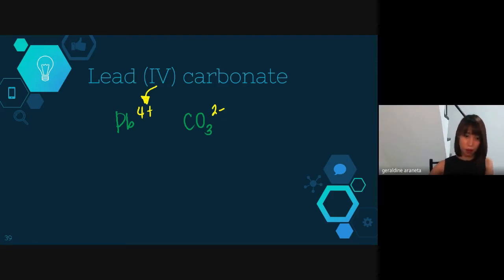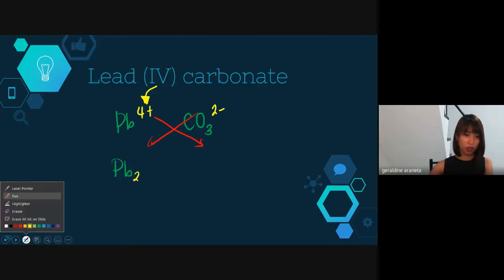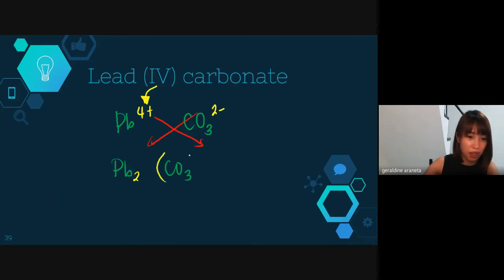Okay, same process tayo, crisscross. Then that will become Pb sub 2, then CO3. Okay, so since this is CO3, meron na siyang subscript at maglalagay pa kayo ng panibagong subscript, we have to enclose this in a parenthesis.